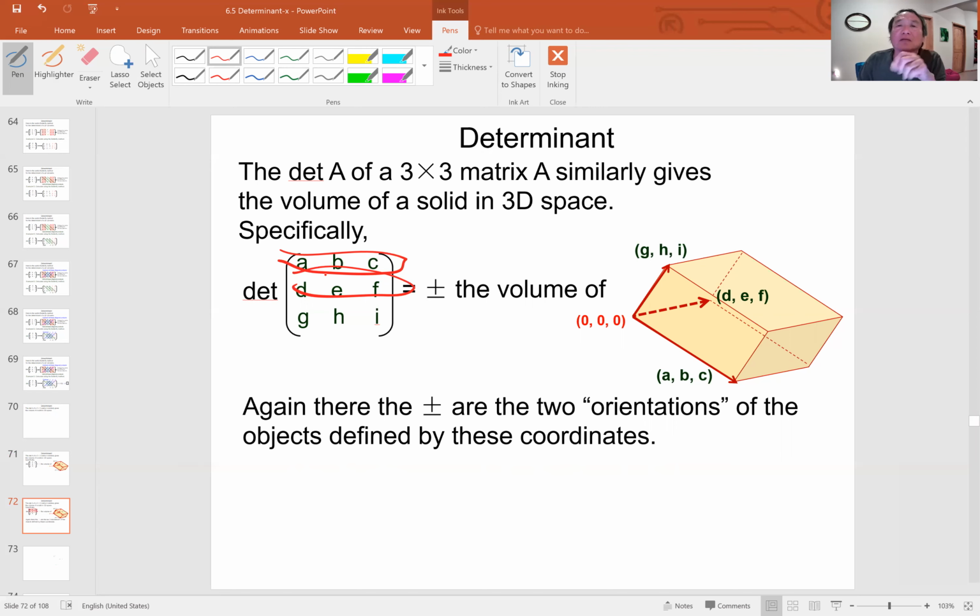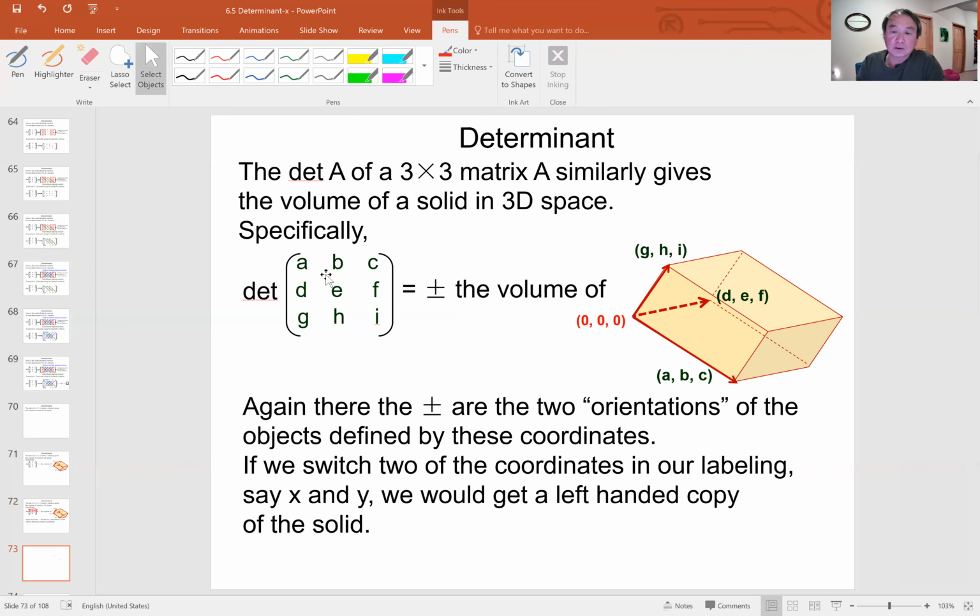Or in other words, think of this: if I plot something in XYZ 3-dimensional coordinates, and now I plot the same thing with the X and Y coordinates swapped, the image is going to be a left-hand copy of the first one. If the first one is a right-hand copy, then the other one will be a mirror image of that copy. That is basically why there's a plus and a minus sign in these two orientations.